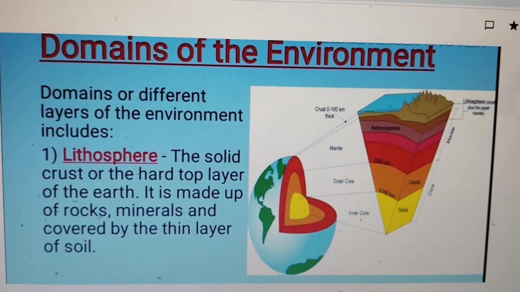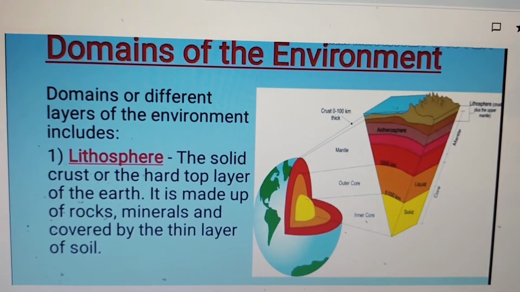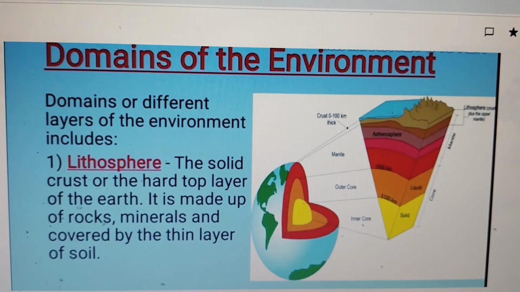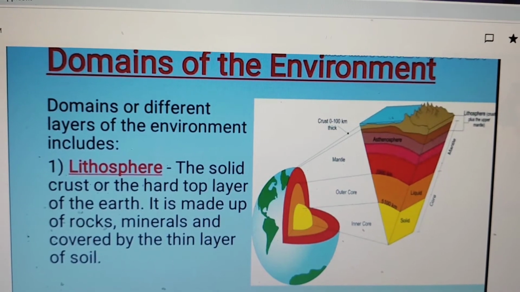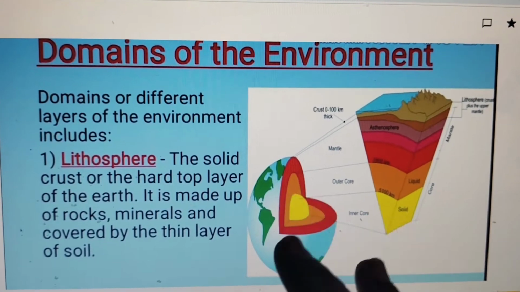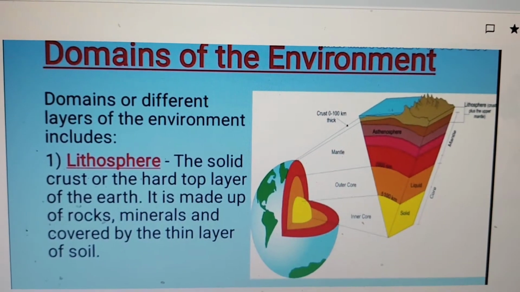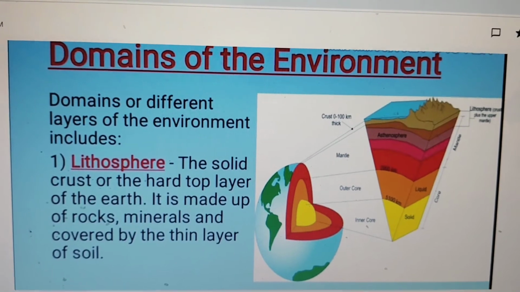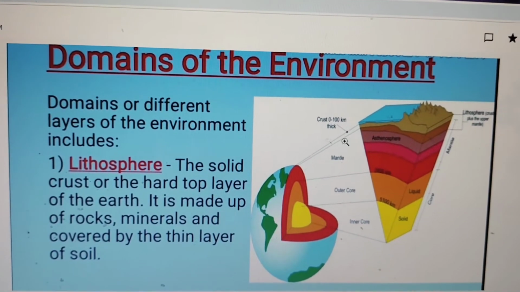I gave you so many examples: on this earth we have plateaus, plains, mountains, like this, isn't it? It is a hard top layer of the earth, made up of rocks and minerals, and it is covered by a thin layer of soil, isn't it? So here we learnt about lithosphere.